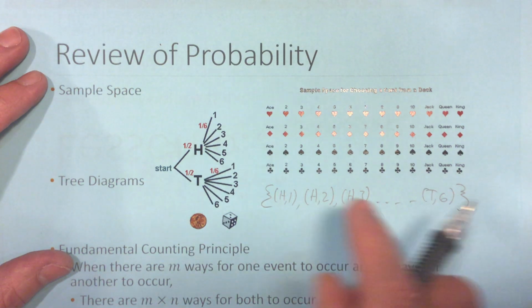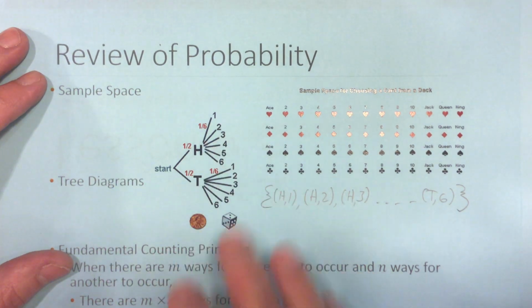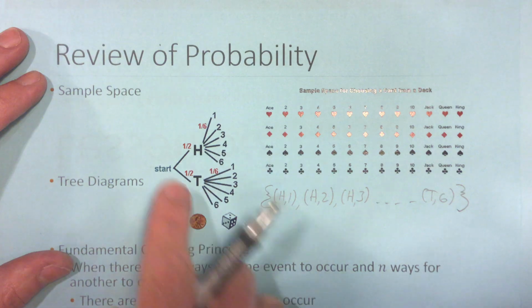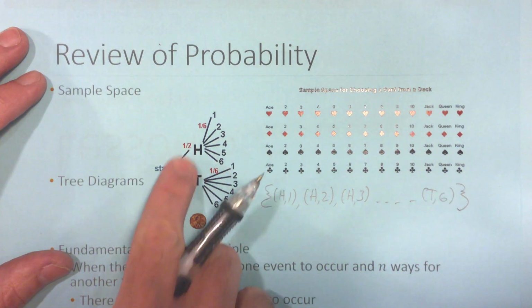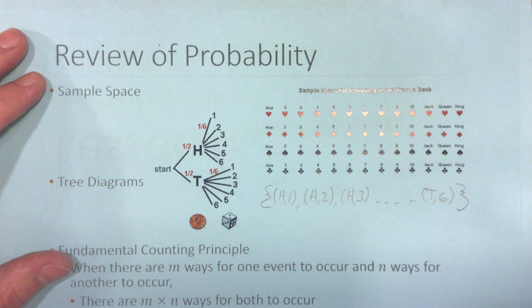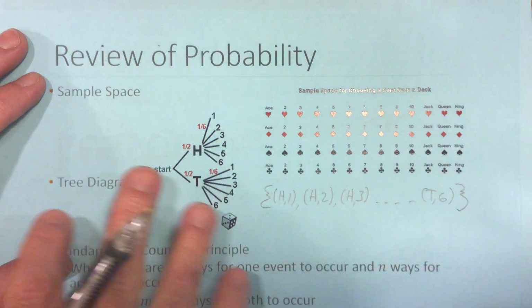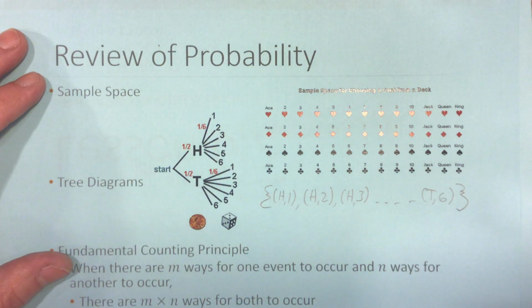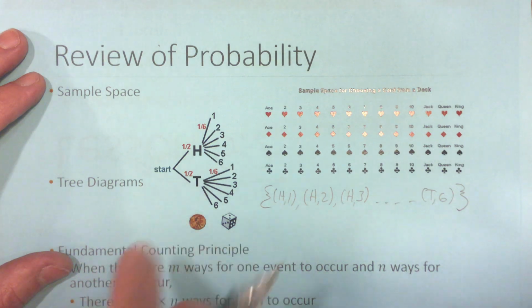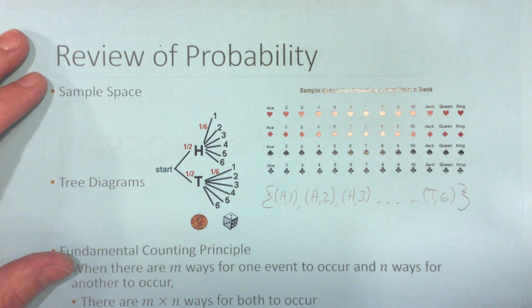But what's interesting about the tree diagram is sometimes not every outcome is equally likely. And then that allows me to put fractions that are unequal. And then as I work my way down the branches, I can multiply these fractions to get to my probability. So both are very useful, sample spaces and tree diagrams. But certain problems, I would say the tree diagram is quite useful because if certain events are not equally likely.